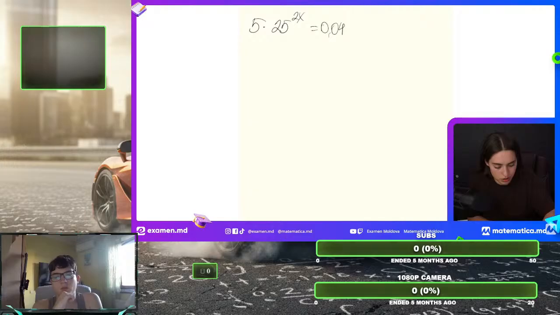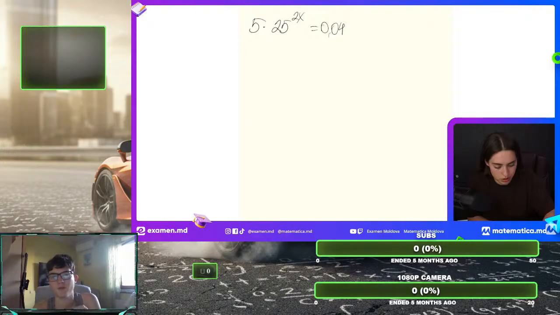and 0.04 you have to look at as a fraction. So you have 4 divided by 100. Simplify, and you will have 1 divided by 25, which is 5 to the power of minus 2, because minus flips it.